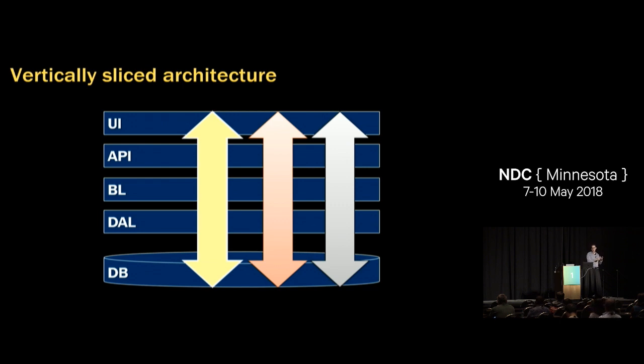What I've found over time is that ultimately the better form of decoupling is within a given layer rather than between layers, where parts of the UI are often decoupled from other parts of the UI, and parts of the business logic can be decoupled from other parts of the business logic.